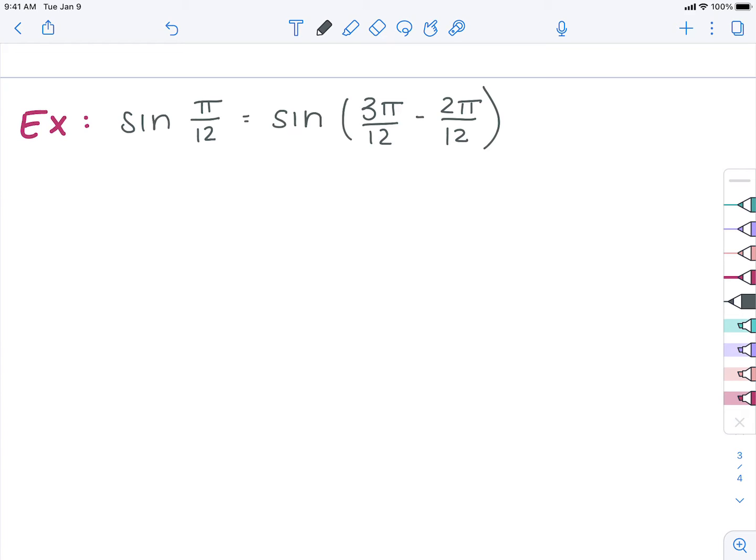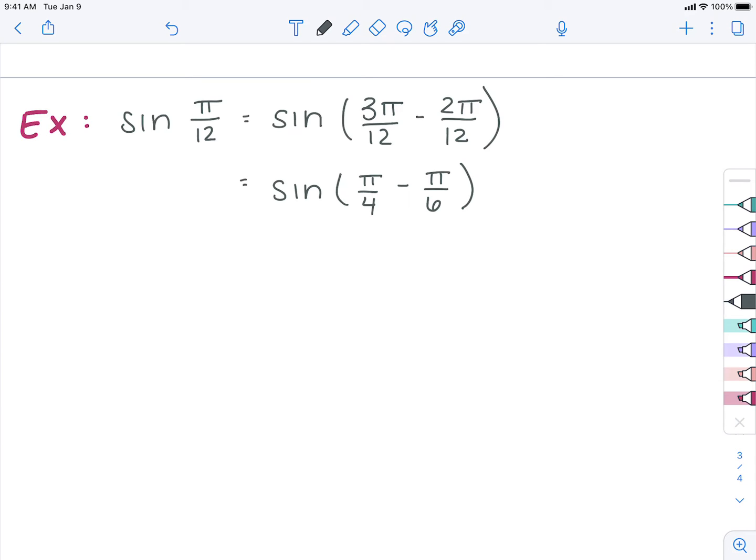I did that intentionally because 3 pi over 12 is the same thing as pi over 4. If I simplified it, if I divided both those by 3, I'd get pi over 4, minus 2 pi over 12, which is the same thing as pi over 6. And pi over 4 and pi over 6 are on my unit circle.